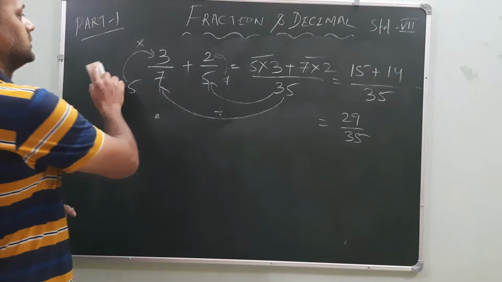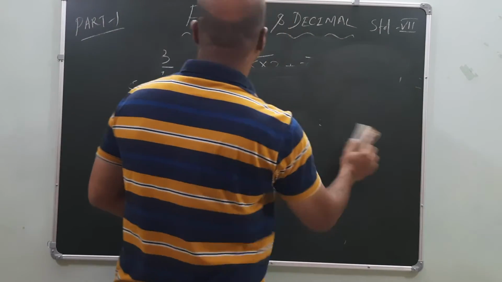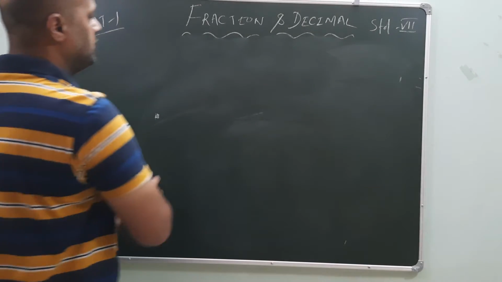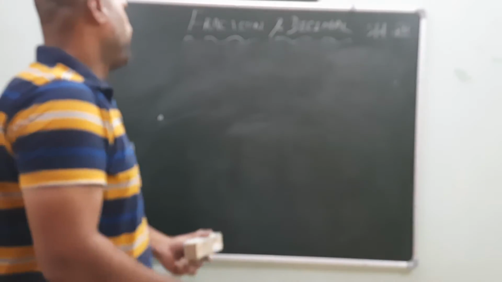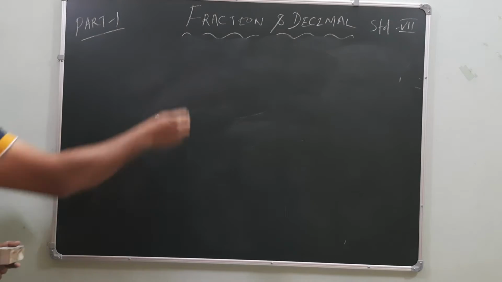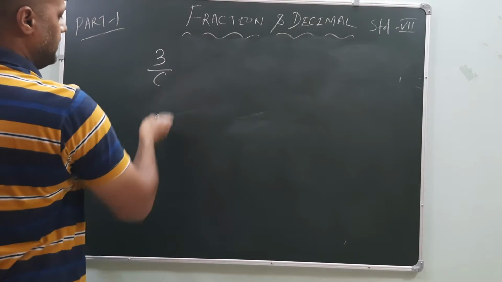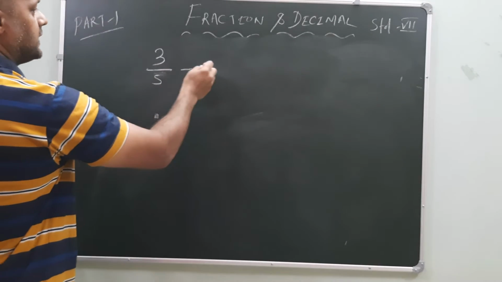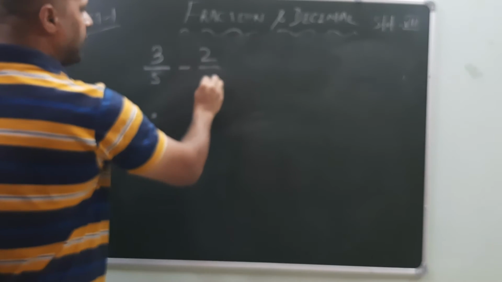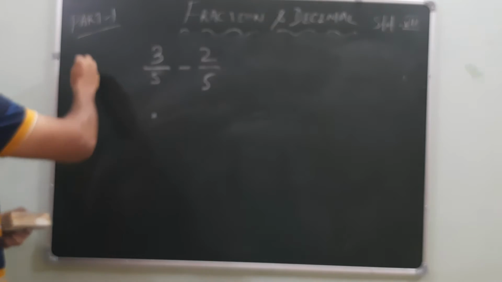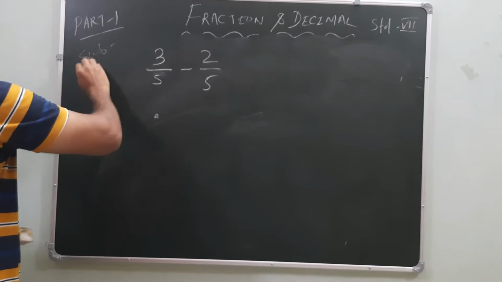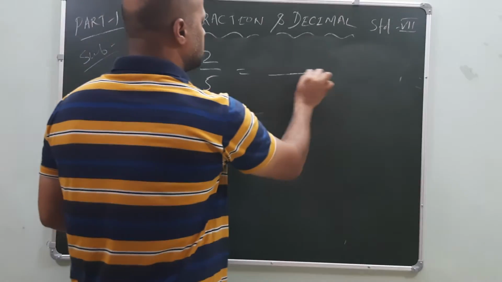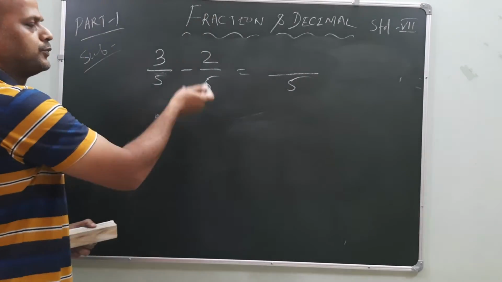Let's take the same example. 3 by 5 minus 2 by 5. Here in the case of subtraction, the LCM is 5 because in the 5 table both 5s are there.